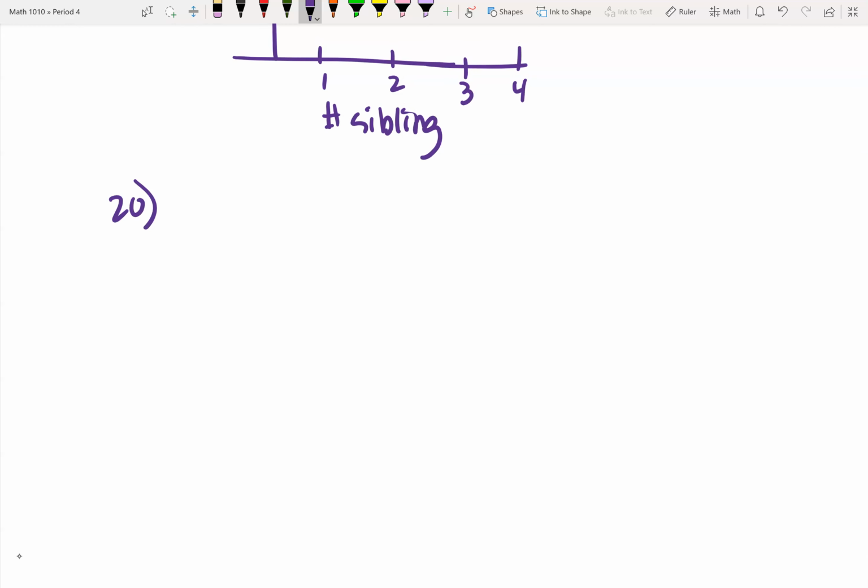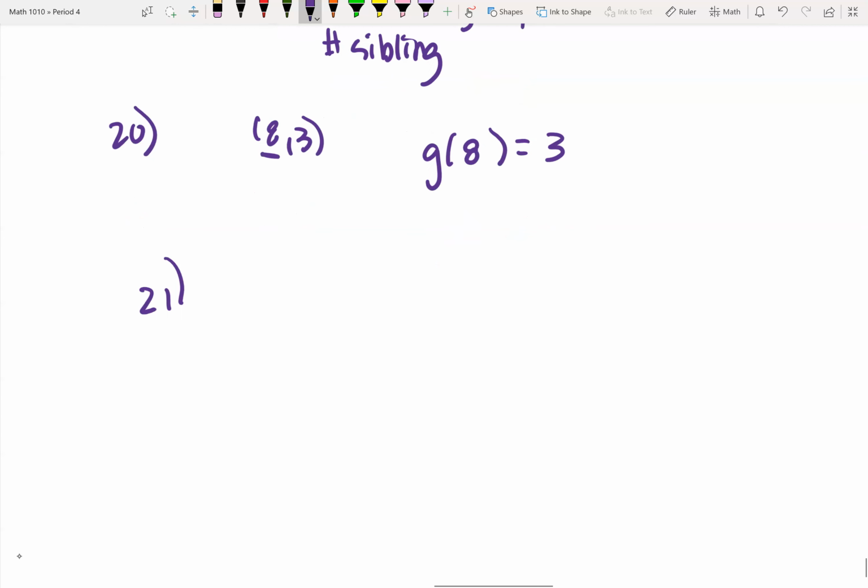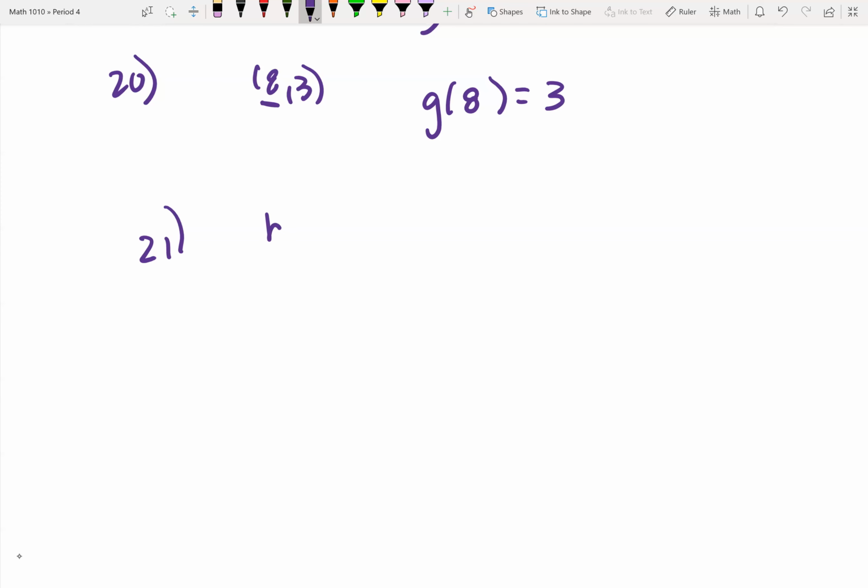Question number 20. If the ordered pair (8, 3) is on G, then you say G of what equals what? Well, the X goes here, so G of 8 equals 3. Question 21. So you have H of 2 equals 9, and then they tell you H of X is AX squared plus 3X minus 9.